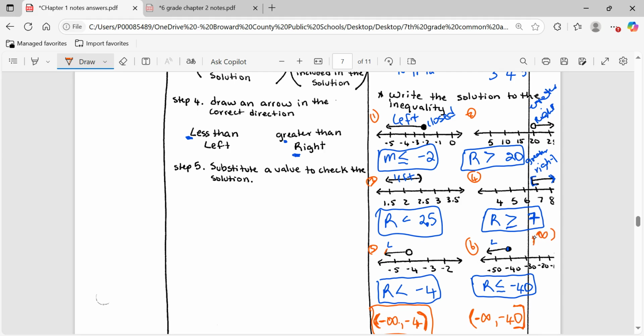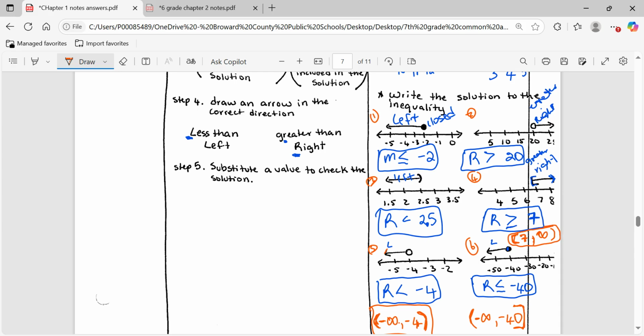Every number to the right. And it's starting at 7. So my notation is a bracket because it's included, like the actual problem. I'm starting at 7, and I'm going towards every number in positive infinity. Notice that infinity is a positive sign, and there's a parenthesis on the end. So that's how I would notate R is greater than or equal to 7.